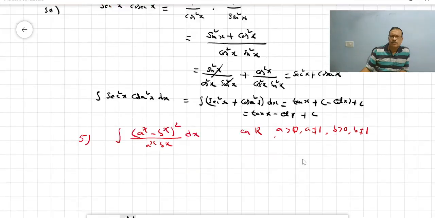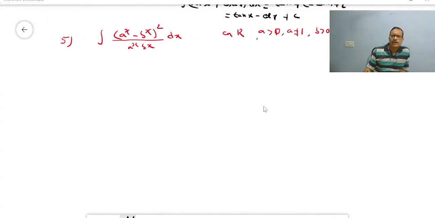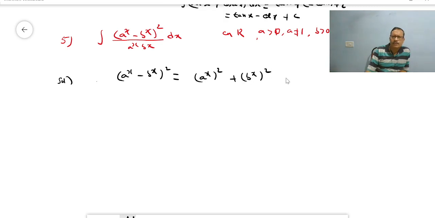Next one. Integral of a power x minus b power x whole square by a power x into b power x. Now, a power x minus b power x whole square, this is of the form a minus b whole square, a square plus b square minus 2ab, that is, a power x whole square plus b power x whole square minus 2 into a power x into b power x.